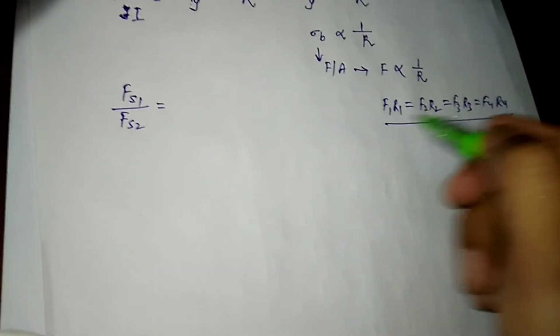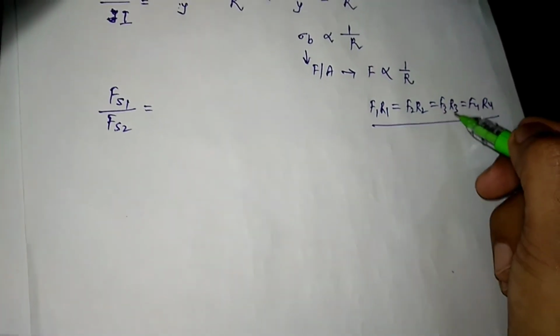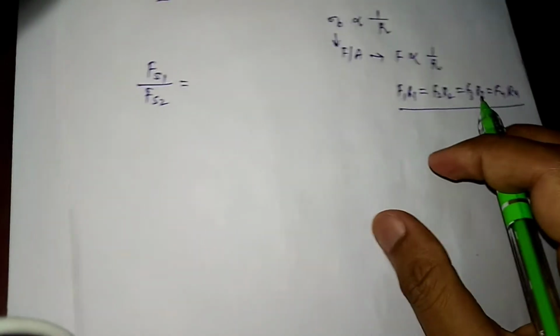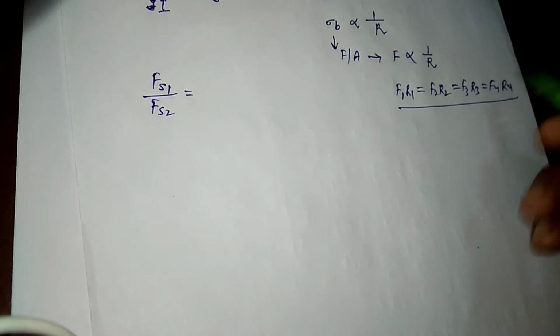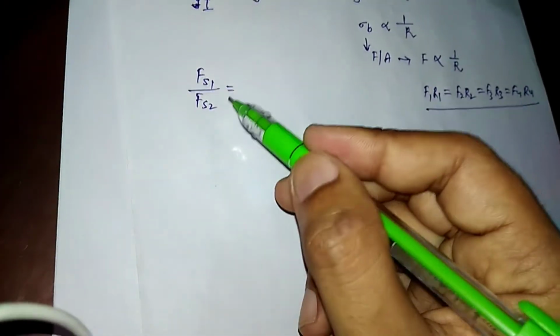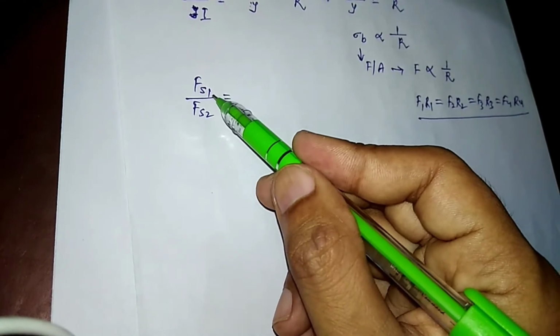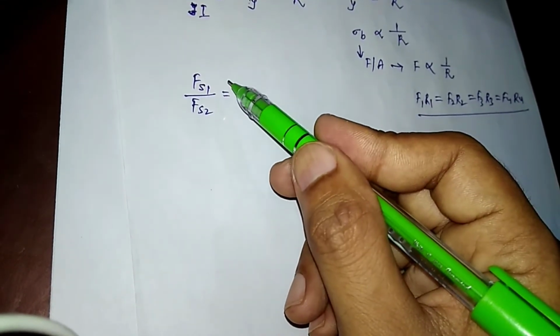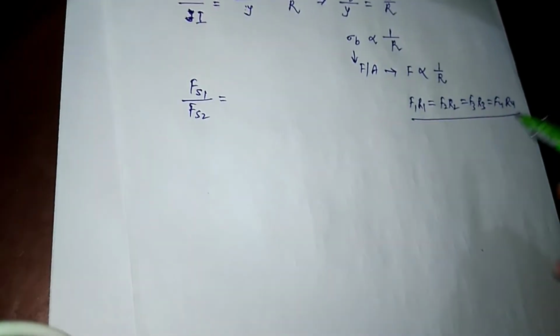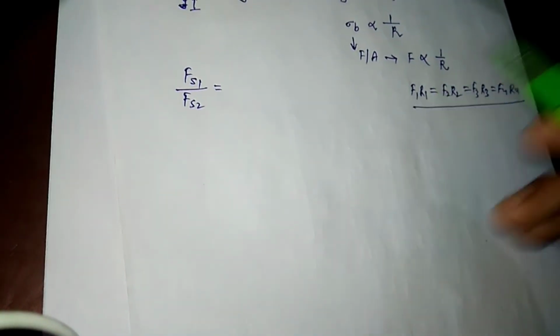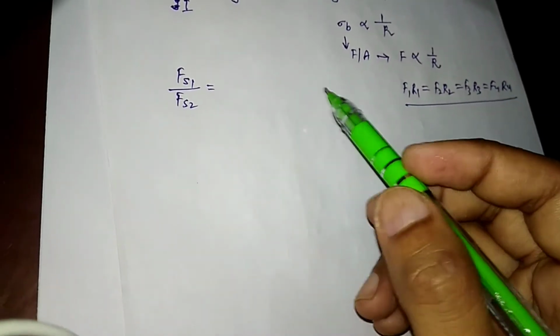This is bolt 1, this is bolt 2, this is bolt 3, this is bolt 4, or you can say bolt A, B, C and D. Fs1 means secondary force on bolt A, Fs2 secondary force on bolt B, Fs3 is secondary force on bolt C, and Fs4 is secondary force on bolt D.